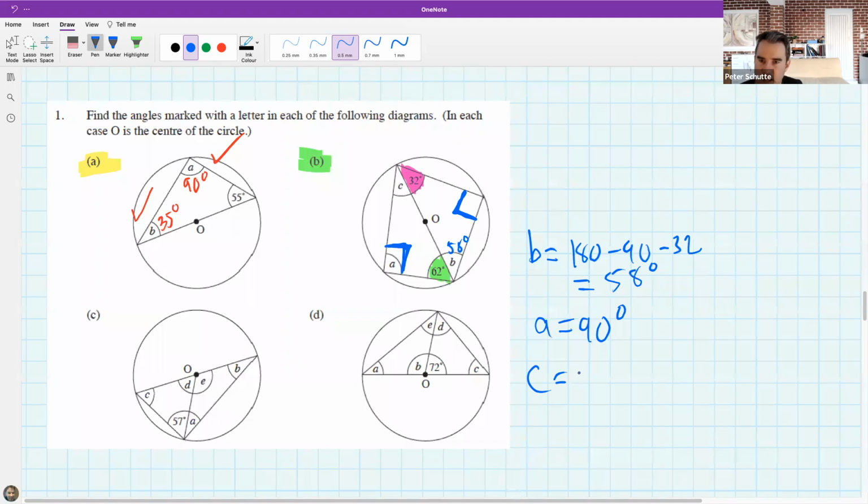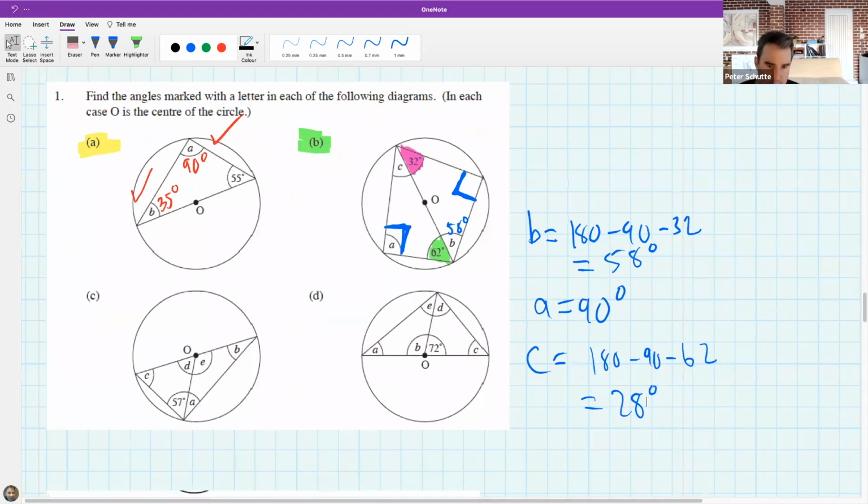Okay. Aratile, Nozi. So A will be 90, yes. Yes, Nozi. So C is going to be 180 minus 90 minus 62, which is going to be 28 degrees.